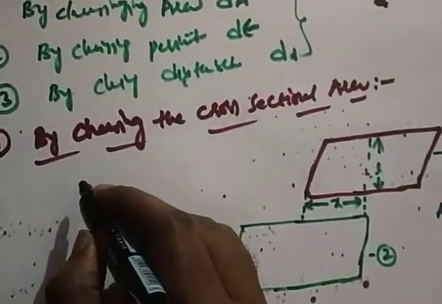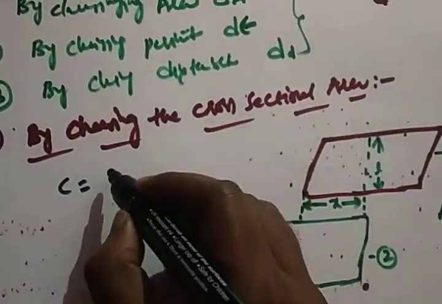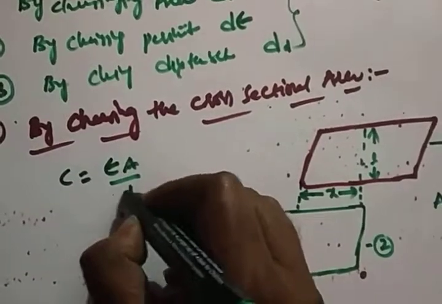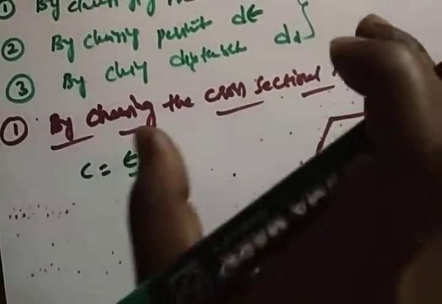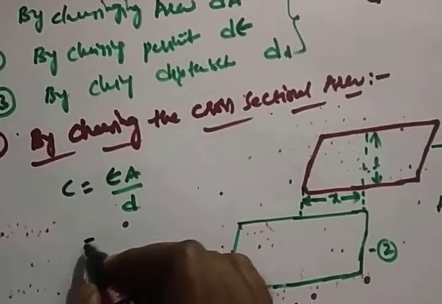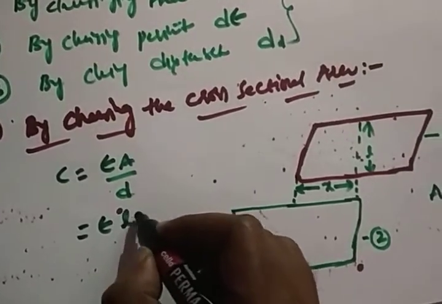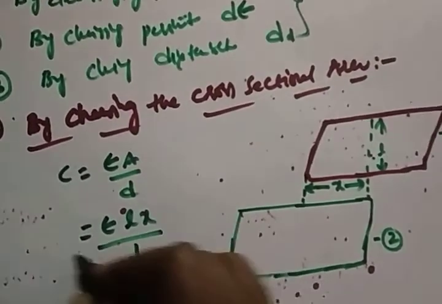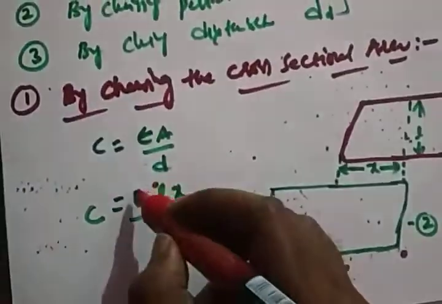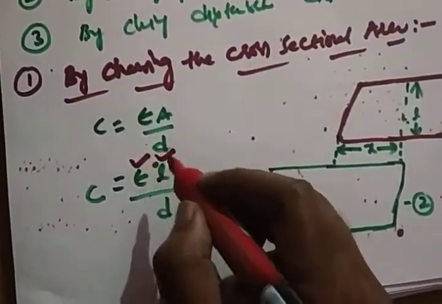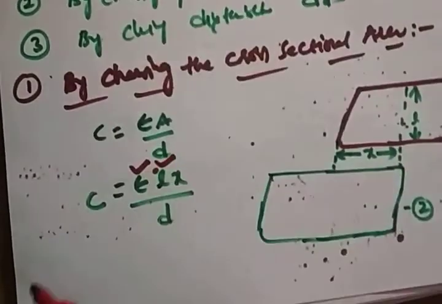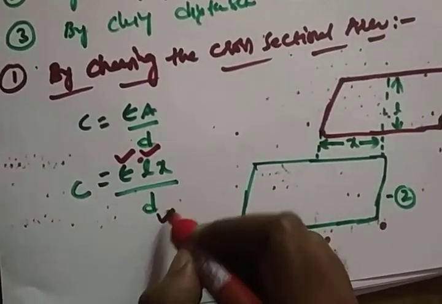That is the process we'll discuss. So what is the formula? C is equal to epsilon A by D. You are changing your cross-sectional area, so epsilon A means L into x, and C is equal to epsilon L x by D. Epsilon is a constant, the length of the conductor is constant, and the distance is constant.